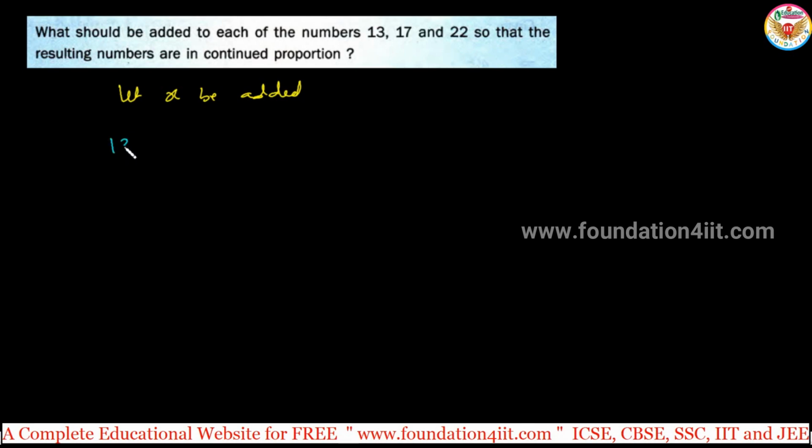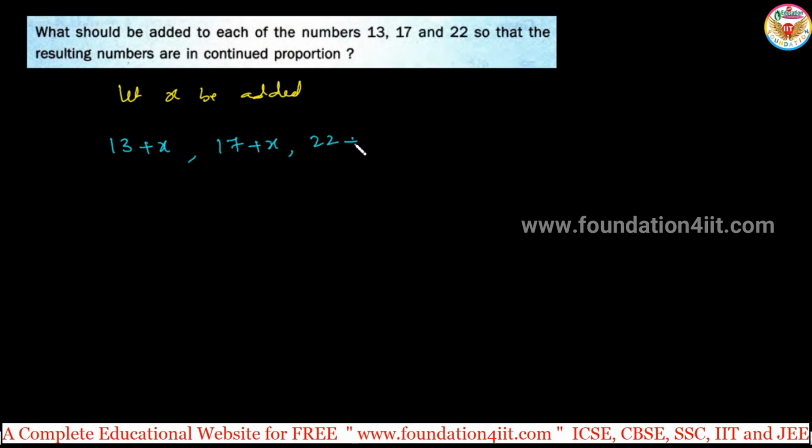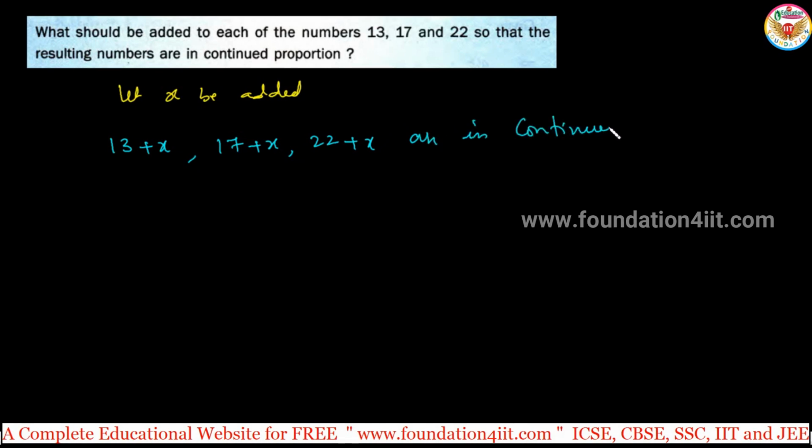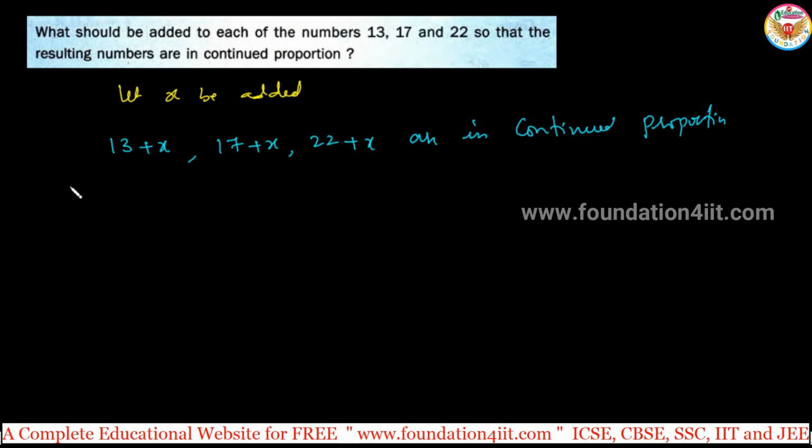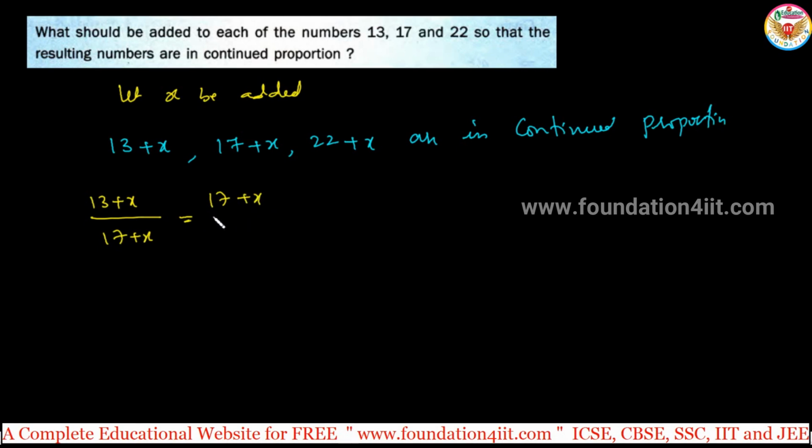Then 13 plus x, 17 plus x, and 22 plus x are in continued proportion. As per the continued proportion rule, the first to second quantity ratio is equal to the second to third. So 13 plus x by 17 plus x is equal to 17 plus x by 22 plus x.